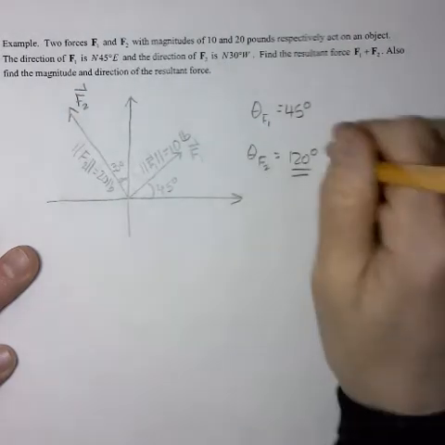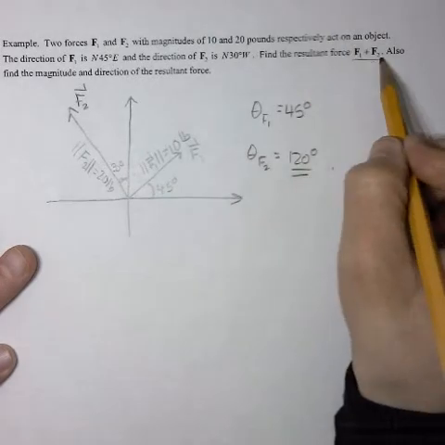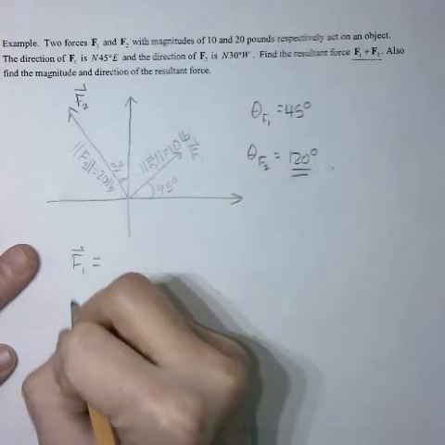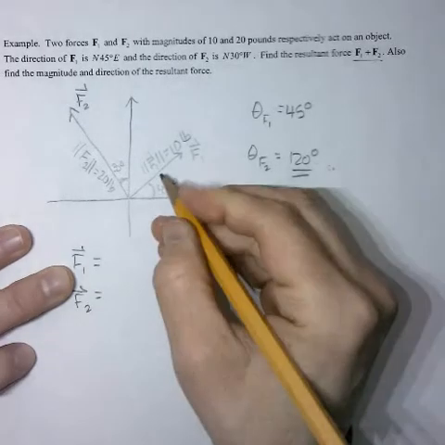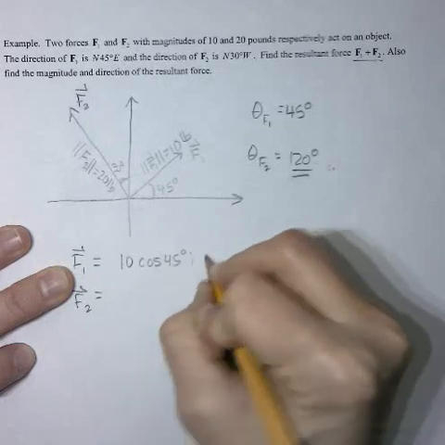Okay, so we want to find the resultant force, F1 plus F2. So you can find F1 and F2 separately as vectors and then just add them up. So force 1 will be 10 cosine 45 degrees i plus 10 sine 45 degrees j.